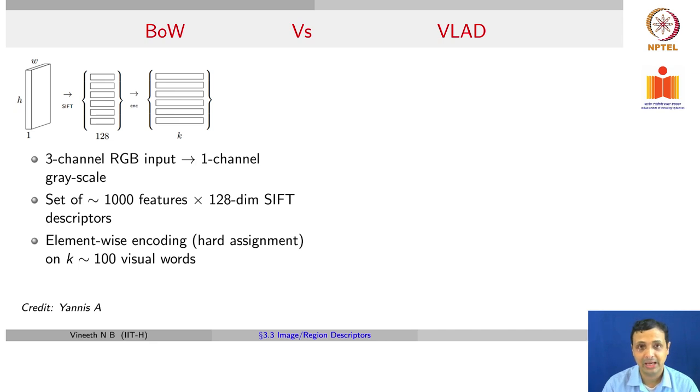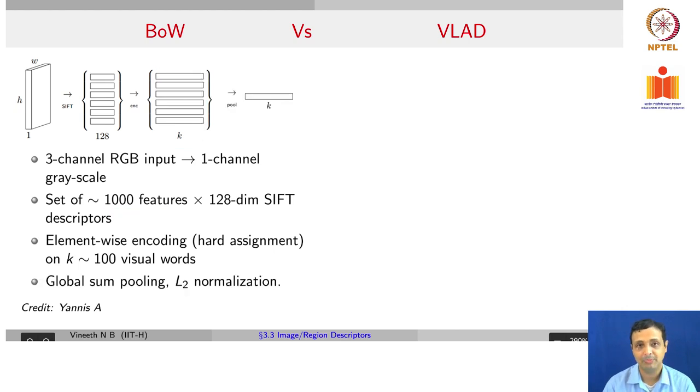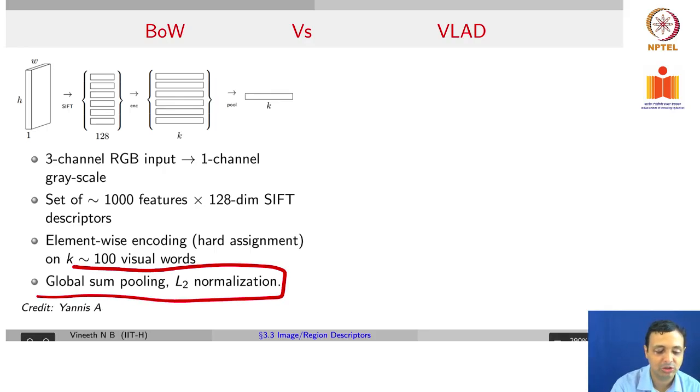Then you do an element-wise encoding to say 100 visual words. You take each of those 1000 features and map them to the 100 visual words, and you would end up counting the occurrences of each of those 1000 features with respect to one of these 100 visual words. You would get a set of frequencies. Then you could do a global sum pooling and an L2 normalization of that final histogram vector to get your final bag of words representation.